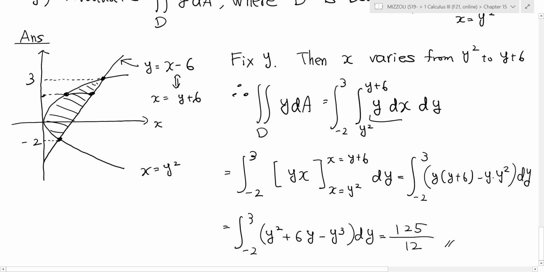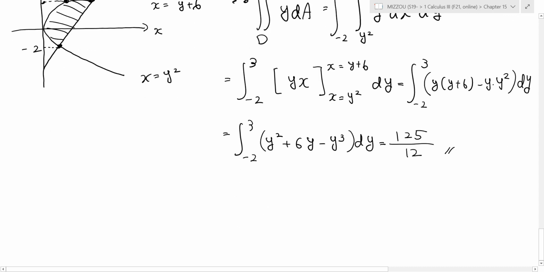And now, it's okay to integrate with y first instead of x first, at least in principle. Let me just mention this briefly. What if you fix x first and then integrate with y first?